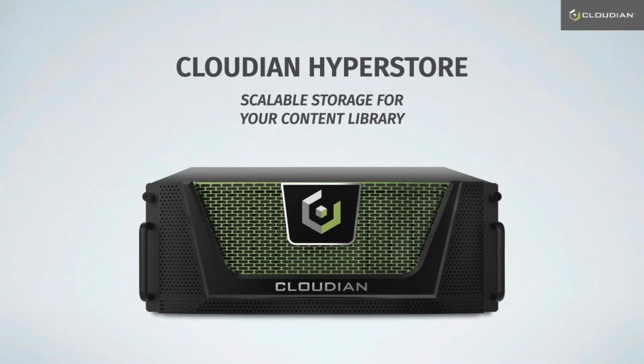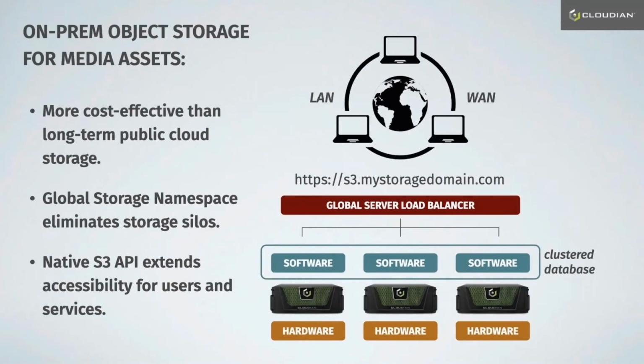Thanks, Chris. So at Cloudian, we have a software-defined object storage platform called Hyperstore. This is designed to be a scalable storage platform for your content library, for all of your media assets. So this is on-prem in your data center.